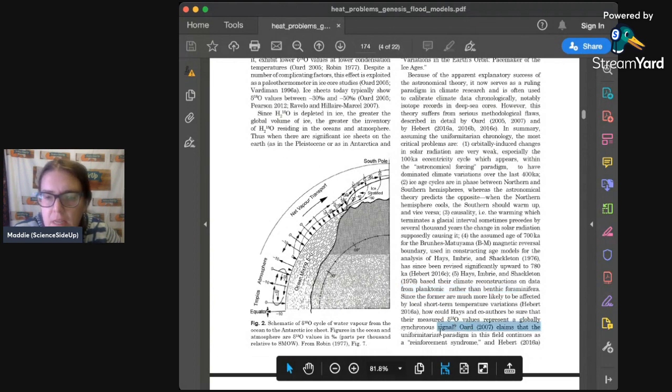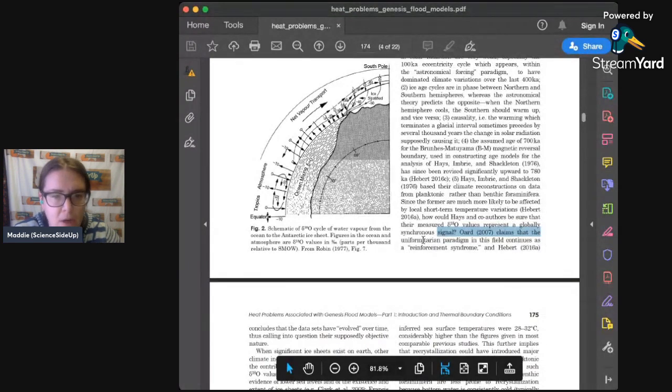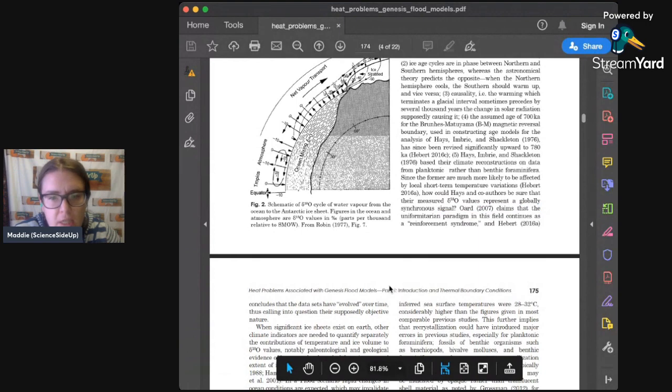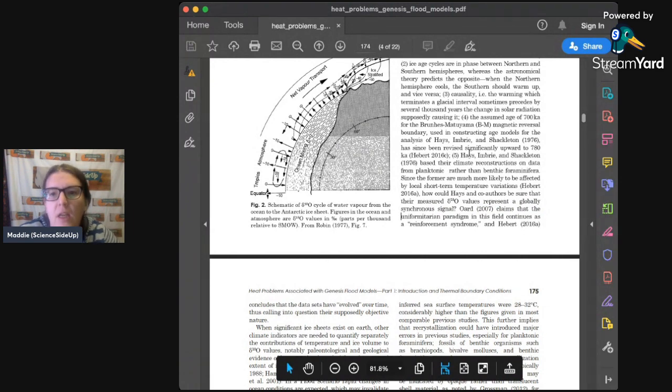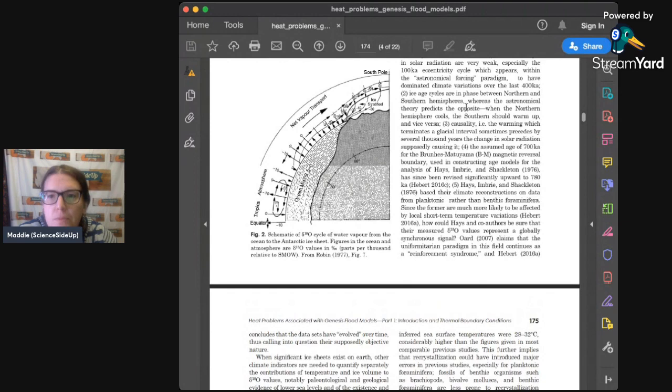And Ord 2007 claims that the uniformitarian paradigm in the field continues as a reinforcement syndrome. And Herbert 2016, that's a young earth creationism paper, concludes that the data sets have evolved over time, thus calling into question their supposedly objective nature. So we probably need to go in and read those papers. But what I'm hearing is, okay, so let's address these problems.